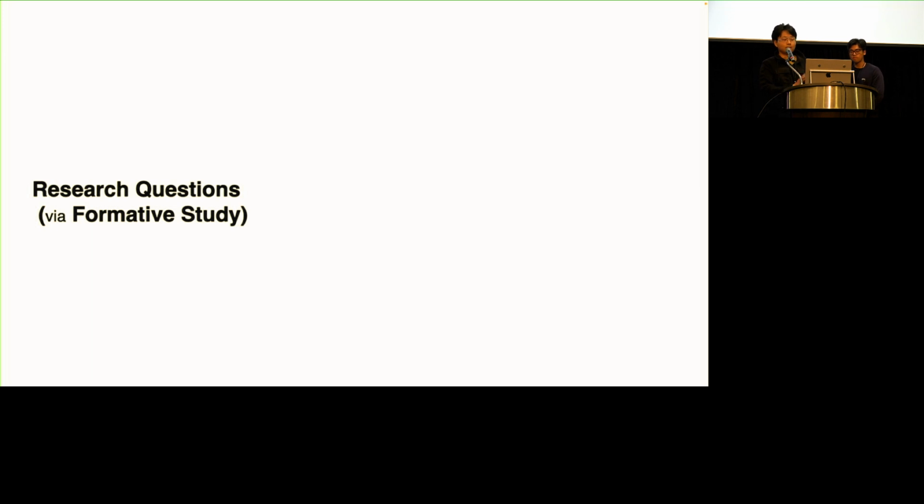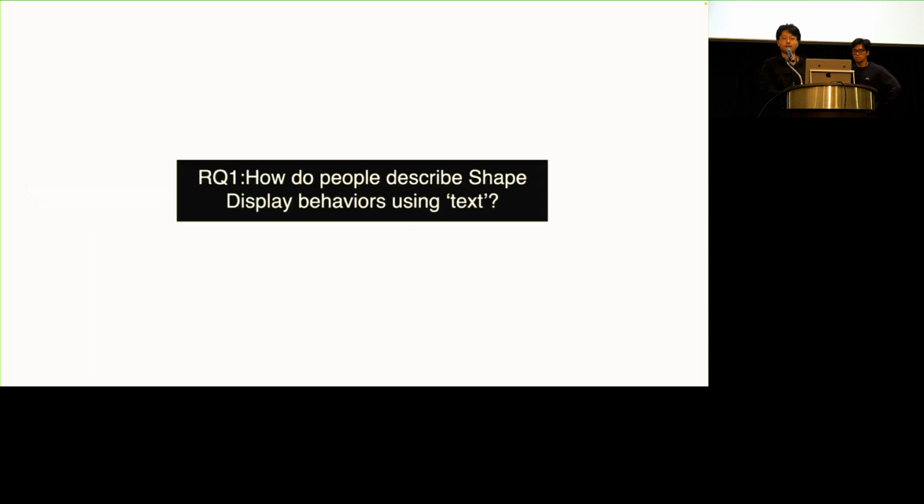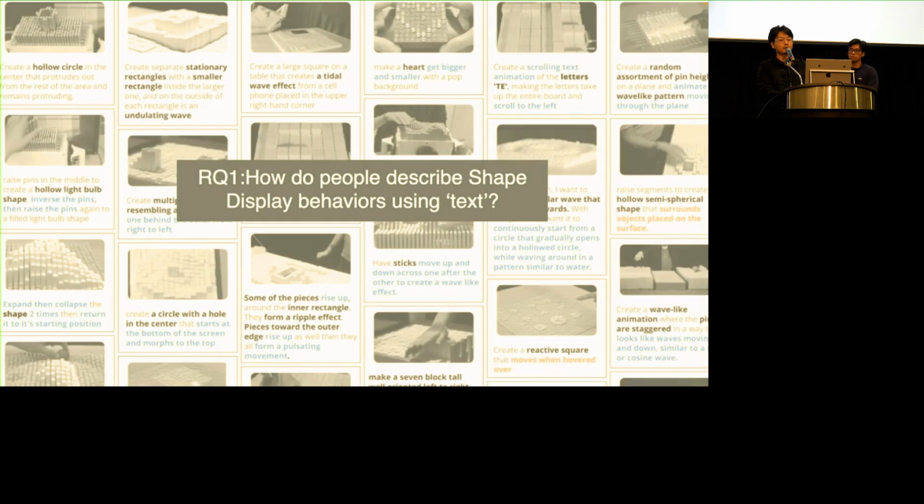With this idea, we did a formative study to understand the challenges. First, it is quite important to understand how people describe shape-changing behaviors through text. We conducted a crowdsourcing study with 400 participants, asking them to provide text instructions based on prior shape display work.